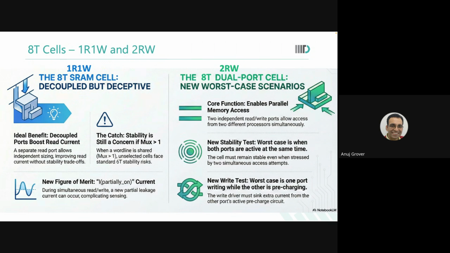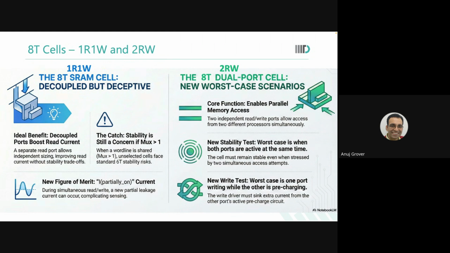So the cell current now becomes dependent on what is the immediate constraint that you put on the cell current? It has to be higher if we are both reading at the same time. So now, if you want the same cell current, then the sizing of your pull down has to be much larger.